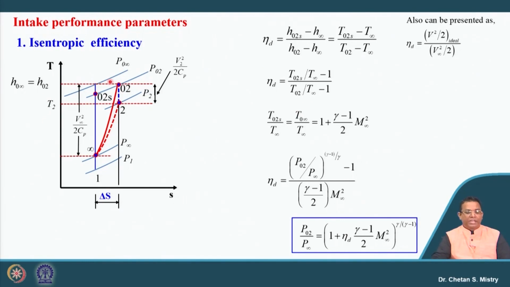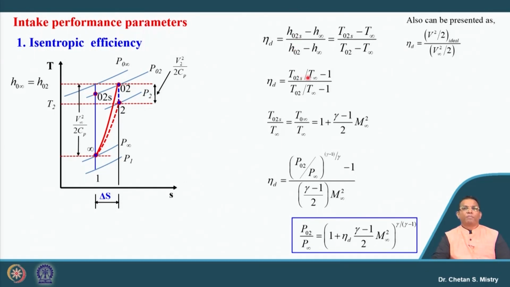Similar to what we discussed in the previous slide, from infinity to 0 to S represents my isentropic process, and from infinity to 0 to represents my actual process. So the efficiency of the diffuser is given by H02S minus H infinity divided by H02 minus H infinity. It means my isentropic work done divided by my actual work done.